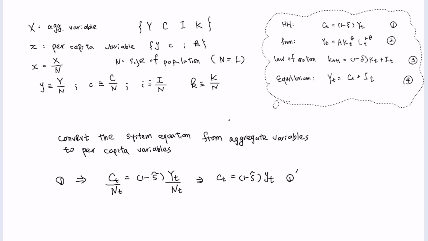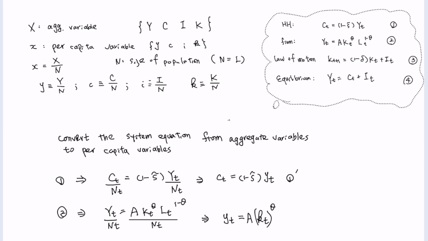So how about the second equation, that is the production function? We will be able to convert this equation by dividing both sides of the equation by the population size, and then we express this production function as a new equation, that is the output per capita equal to the production efficiency multiplied by the capital per capita to the power of theta. Why can we come up with this new equation?